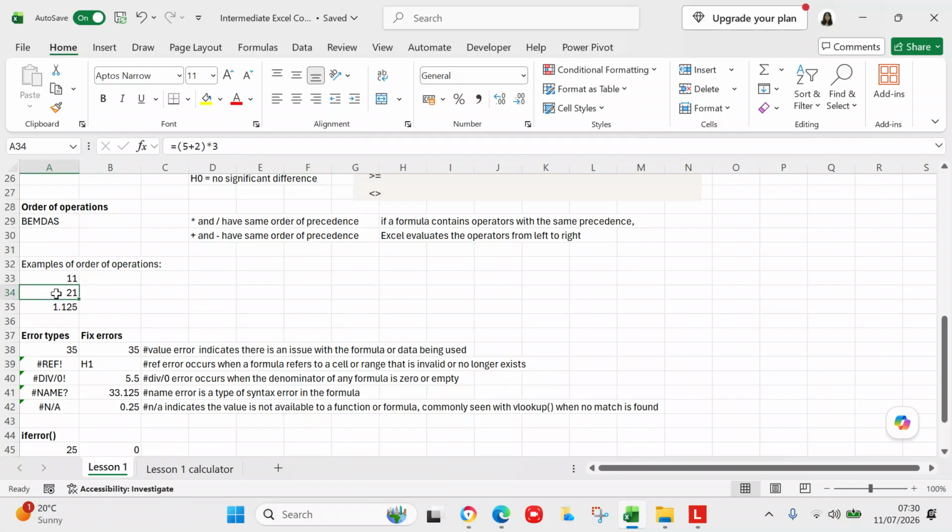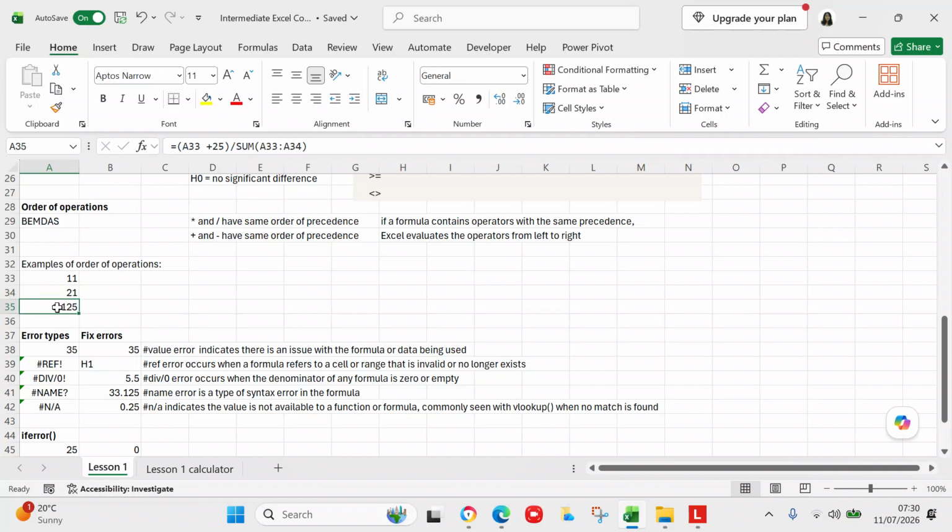The next one we have is in brackets. Brackets have a higher order of precedence than addition, and a higher order of precedence than multiplication. So 5 plus 2 is 7, and then multiply that by 3 is 21.